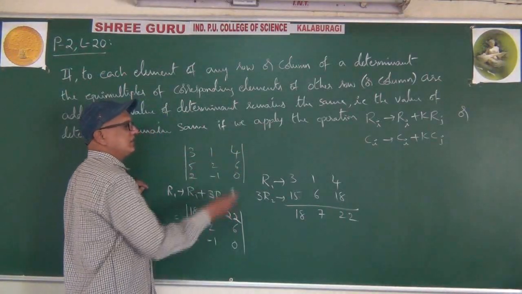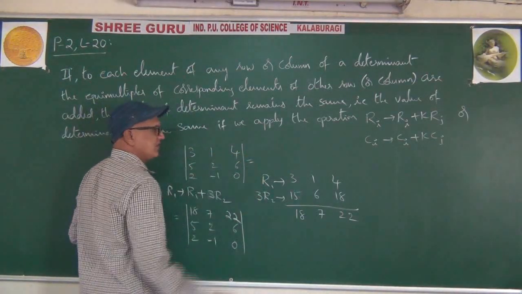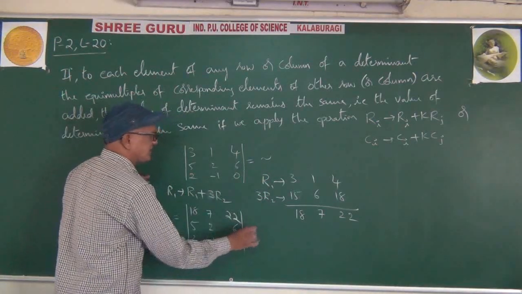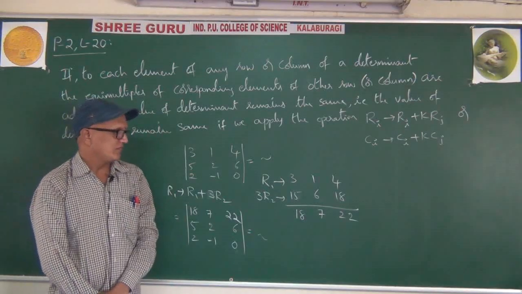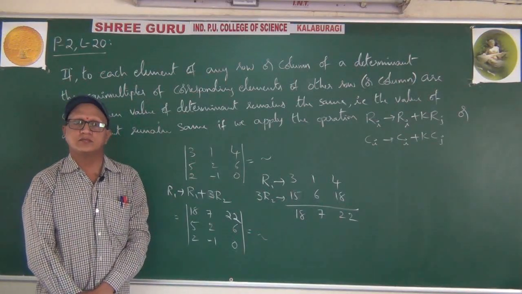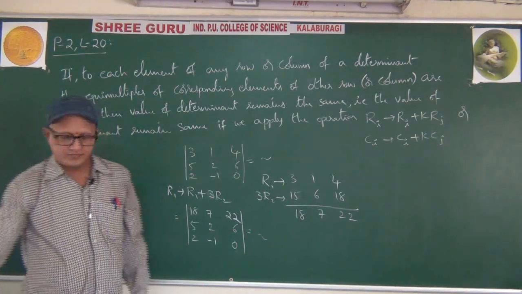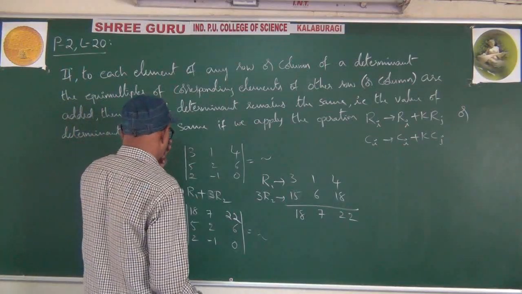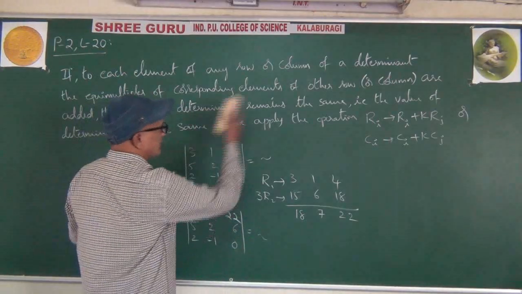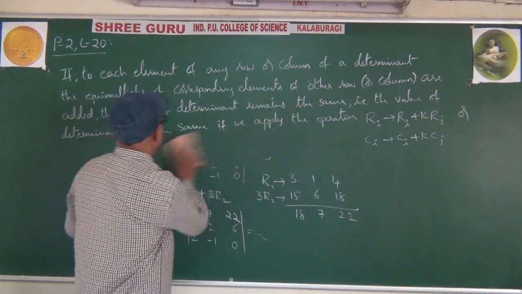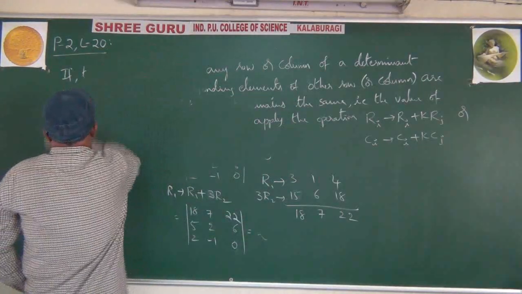Find the expansion of this, and of this; you will get the same answer. Right? So with this, the property is over.